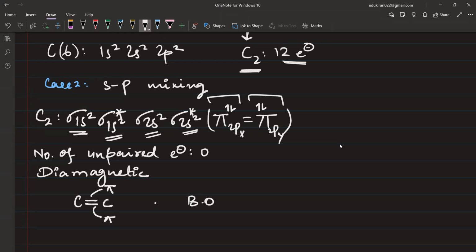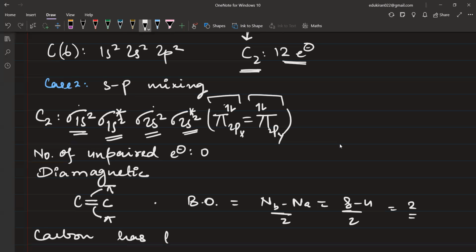What will the bond order be? Number of bonding electrons is equal to 2, 4, 6, 8. So carbon has 2 bonds. Come on, copy this down. Let me know once you're done.